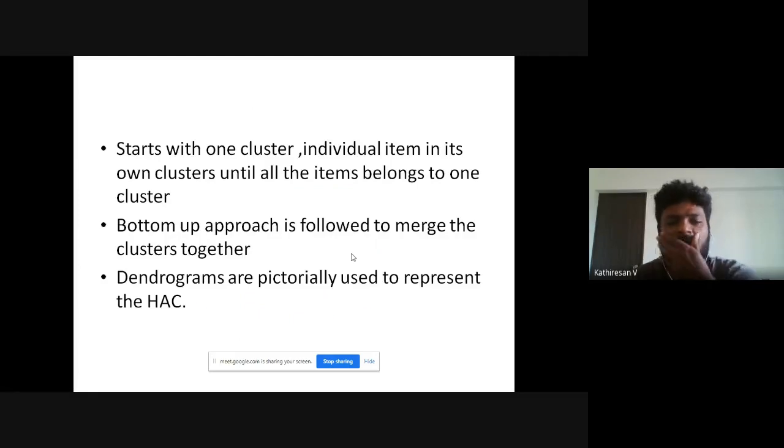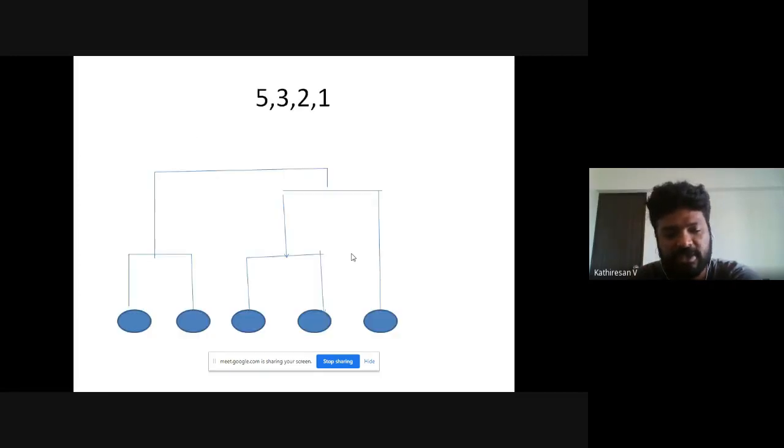So we are following a bottom-up approach in this case. The bottom-up approach is followed to merge the clusters together, and dendrograms are used pictorially to represent the HAC. This is actually a dendrogram. Initially two data points join together and form one cluster, and again two data points.